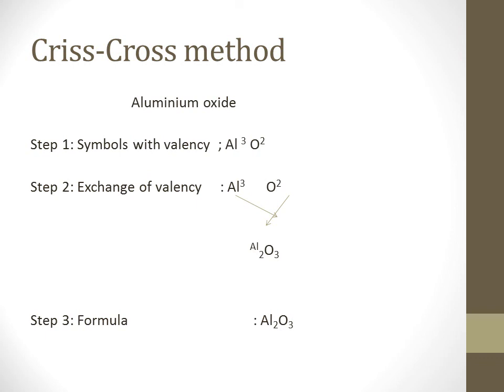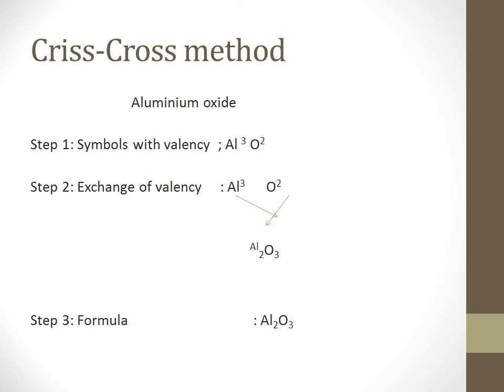But here we cannot simplify because it is 2 and 3. So exchange the valency, and after exchanging, write the valency as subscript. Then it becomes Al2O3. That is the formula of aluminium oxide.